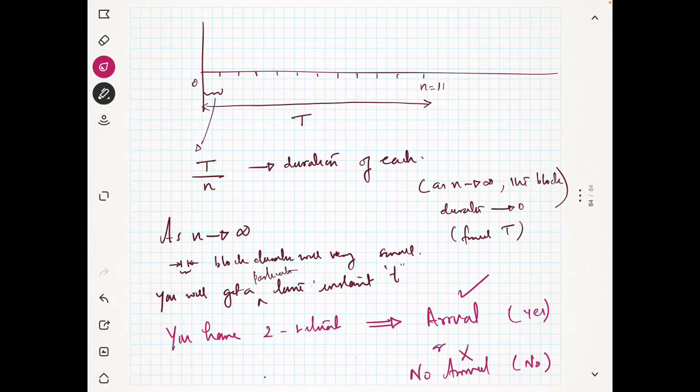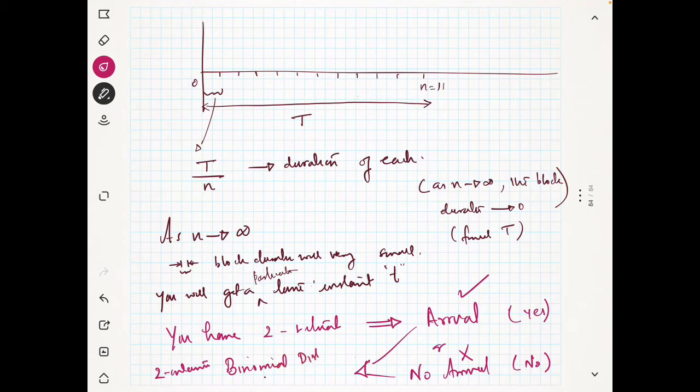There are two situations. We have already seen something with two outcomes: that kind of phenomenon can be modeled by using the binomial distribution. We have already seen this in the first few lectures.